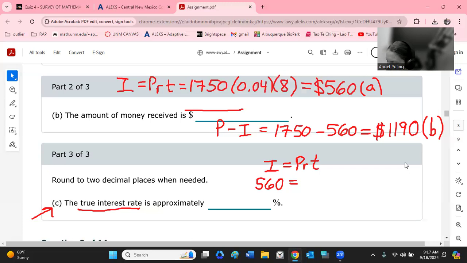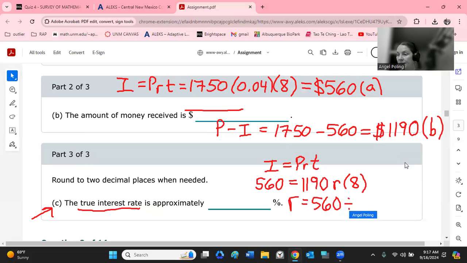It's just, I regret we have 2 P's now, which is weird, but we use the result from B. We're trying to find R, and then T is still 8.